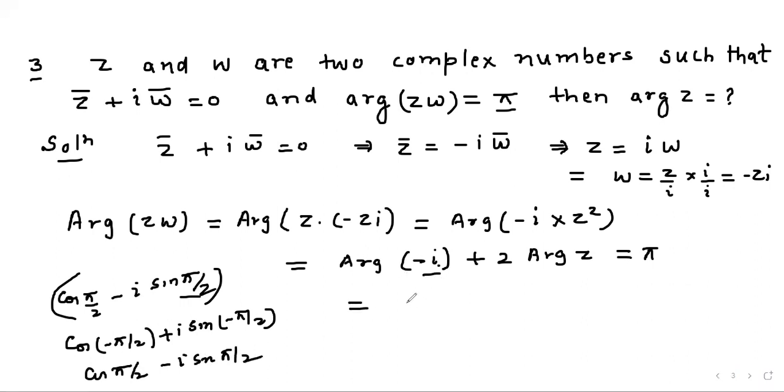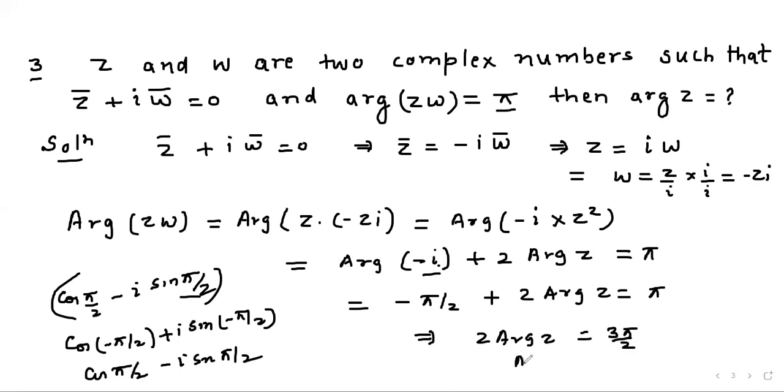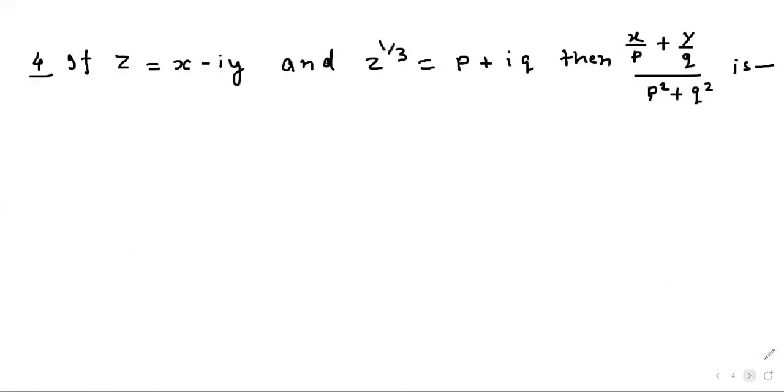So here it will be minus pi by 2 plus twice of arg z equal to pi, or twice of arg z equal to 3 pi by 2, or arg z gives 3 pi by 4, which is our answer.